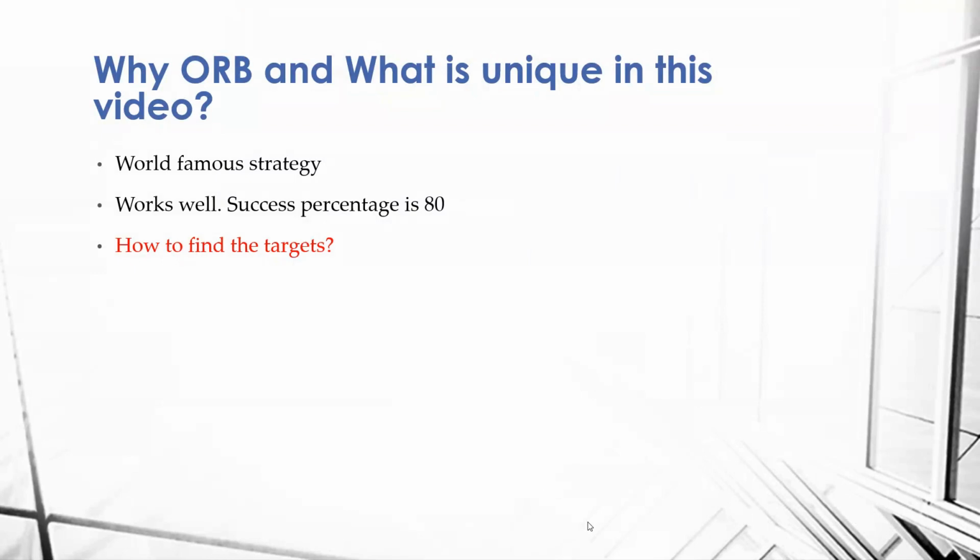Risk management is very important in option trading. If you are planning to have a safe target, what is the target? If you are planning to have a risky target, what is the target? You should be able to easily find that out. That is why I will focus on this important point.